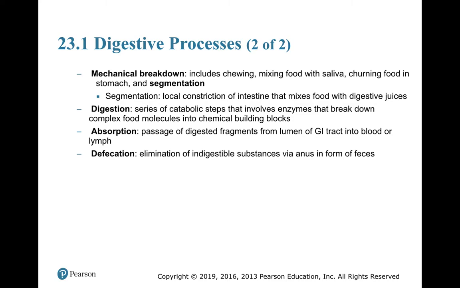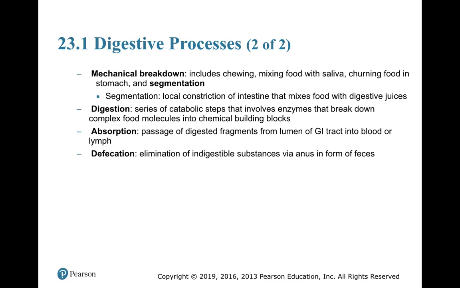Digestion is breaking things down even further. It's catabolic chemical reactions that involve enzymes breaking down those complex food molecules into their chemical building blocks. Again, those are generally carbohydrates, lipids, and amino acids. We could include nucleic acids, but we don't get a lot of nucleic acids from digestion.